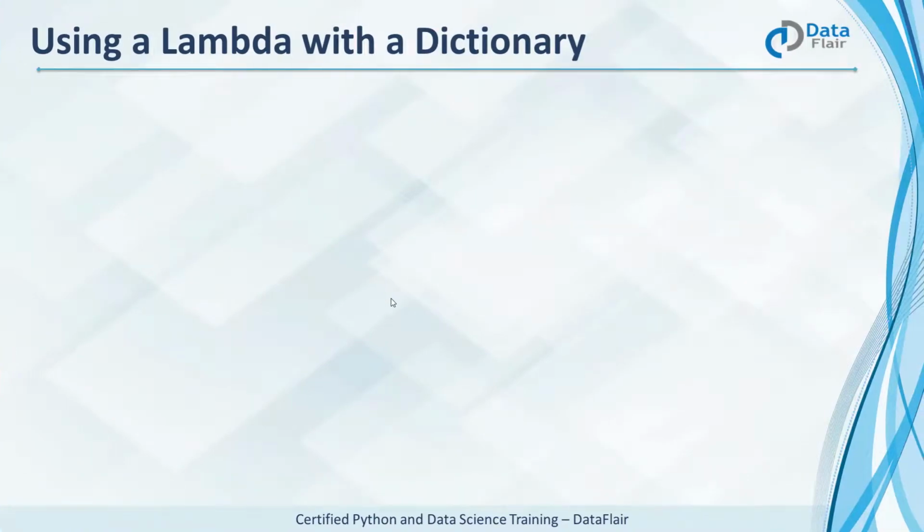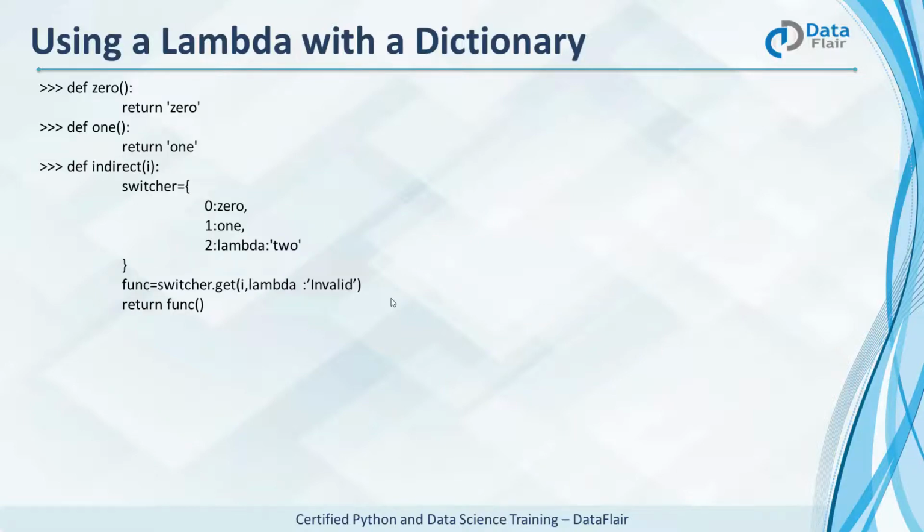In the last example, we told the get method what to print if the key did not exist in the dictionary. We can also use a lambda expression for this. This code defines two functions, zero and one. These return the strings 0 and 1. We have a function indirect that takes an integer and has a switcher dictionary. The key 0 has the value zero, 1 has the value one, and 2 has the lambda expression that takes no arguments and prints out 2.